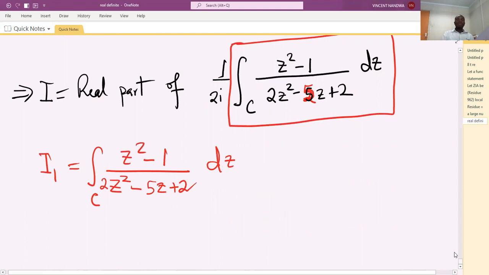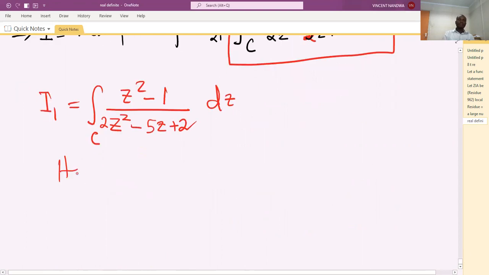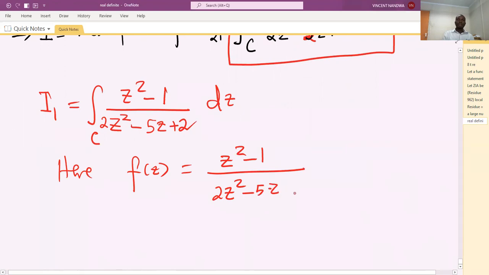So here the function f of z is z squared minus 1 divided by 2z squared minus 5z plus 2.